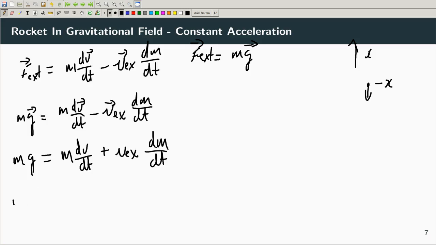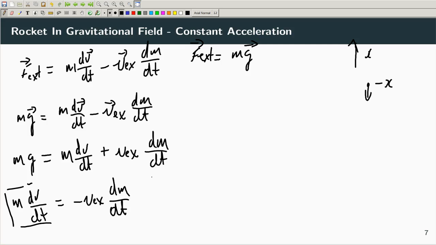So rearranging, we get the rocket's thrust is equal to, I'll rearrange it like so, and I'll get rid of all this.